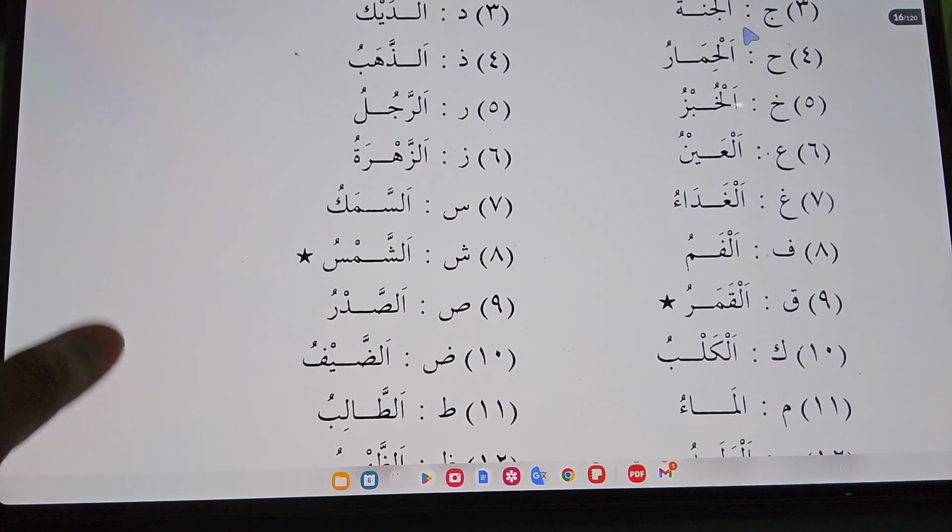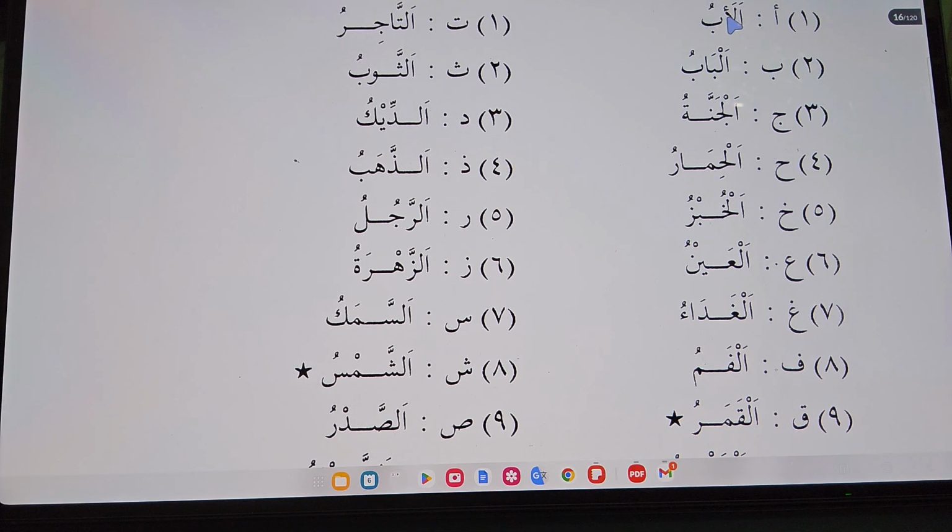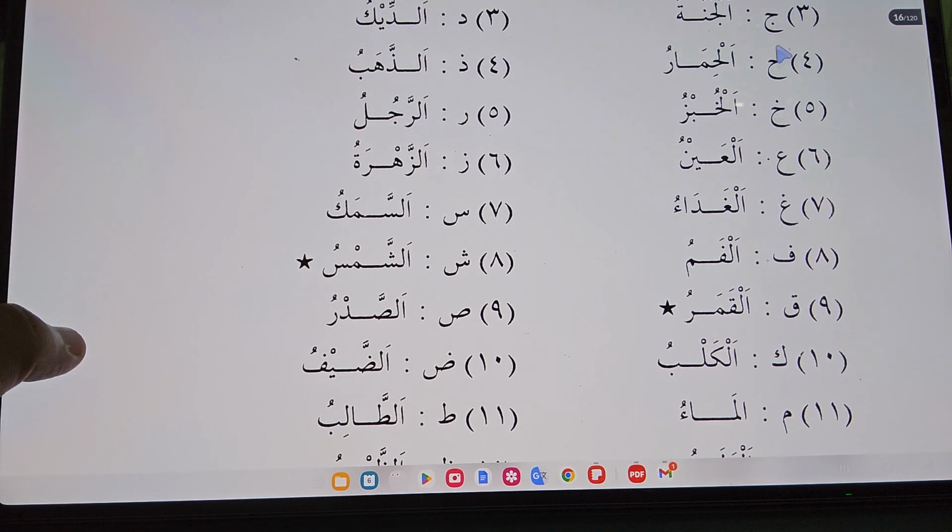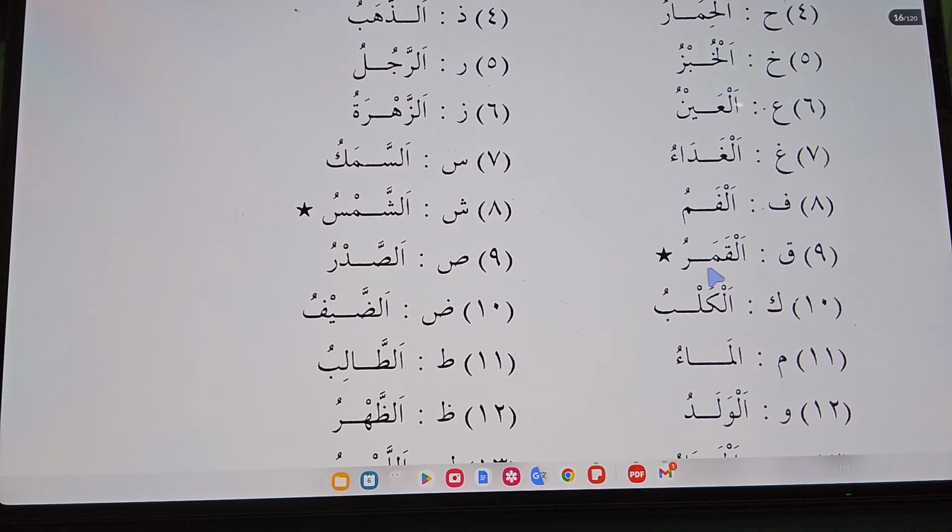You can see these letters in the beginning, like Hamza and this Hamza, Ba and this Ba, meaning the first letter after the Alif Lam. So these letters are called al-huruf qamari, and these letters are called huruf shamsi. Huruf means letters, the solar letters and the lunar letters.